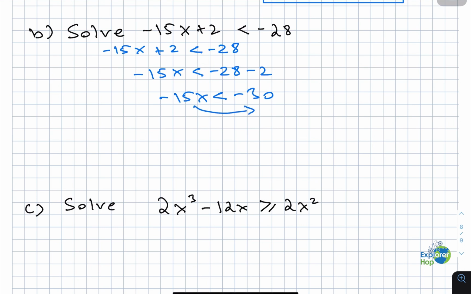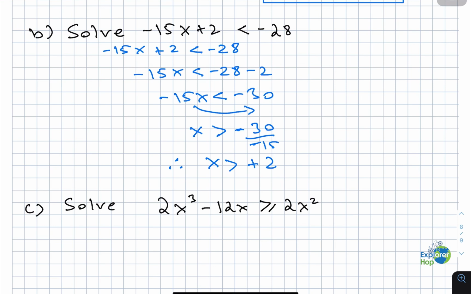Remember, in an inequality, whenever we divide by a negative number, our inequality sign changes direction. So this becomes x is greater than minus 30 over minus 15. Therefore, x is greater than positive 2, since negative and negative make a positive. So therefore, x is greater than 2.